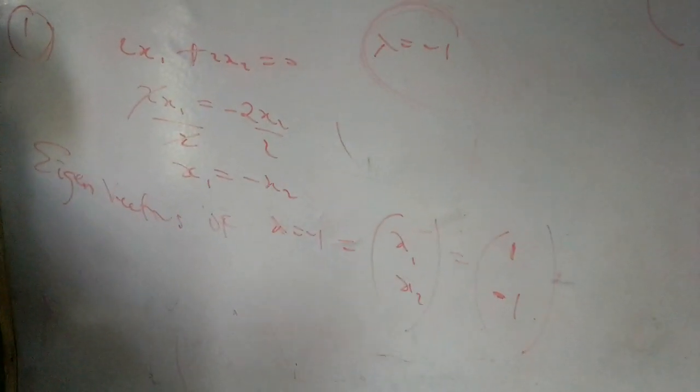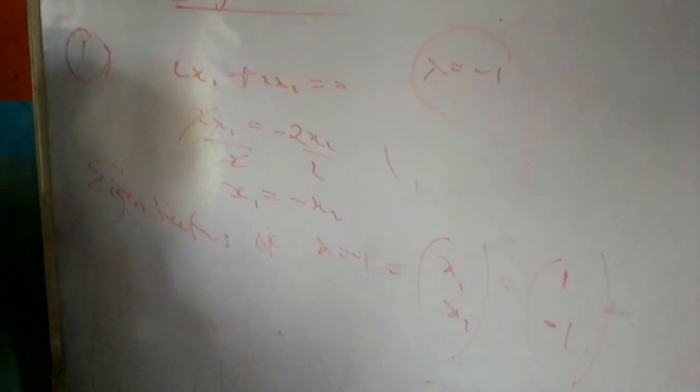If that is taken, then we move to lambda equals 5, which is the second eigenvalue.